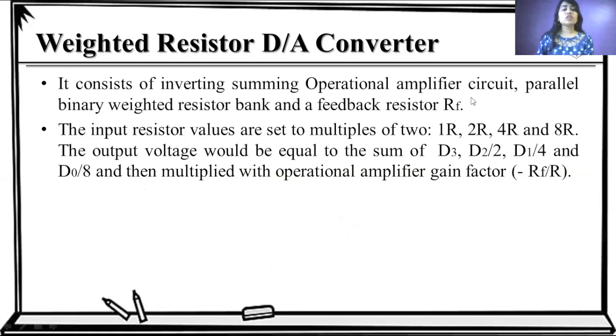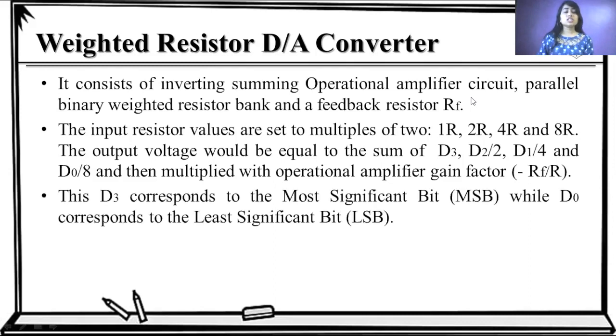The output voltage would be equal to the sum of D3, D2 by 2, D1 by 4 and D0 by 8 according to the weight of the resistor, and then multiplied with the operational amplifier gain factor, which is minus RF by R. D3 corresponds to the most significant bit while D0 corresponds to the least significant bit.